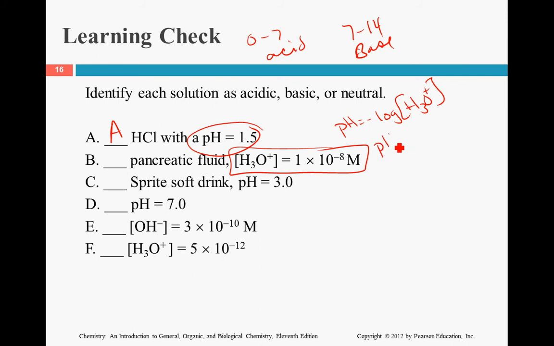So that means pH is equal to the negative log of 1 times 10 to the negative 8. To put this into your calculator, you're going to have to find the log button. You're going to push the log button, and then you're going to type this in, 1 EE negative 8, or 1 EXP negative 8.